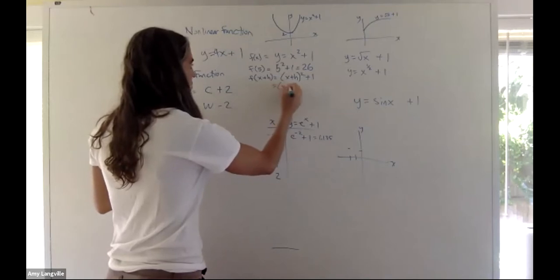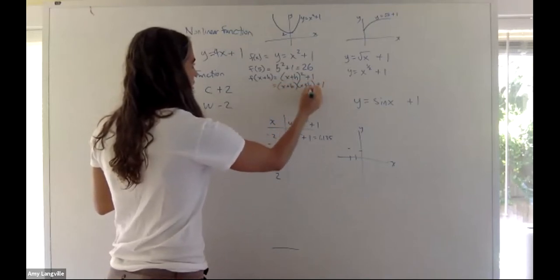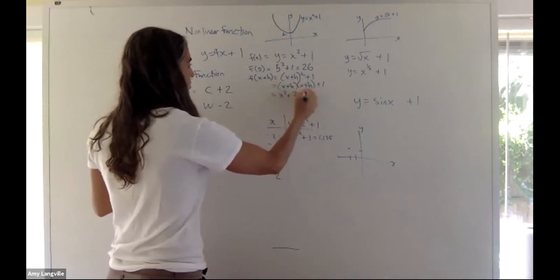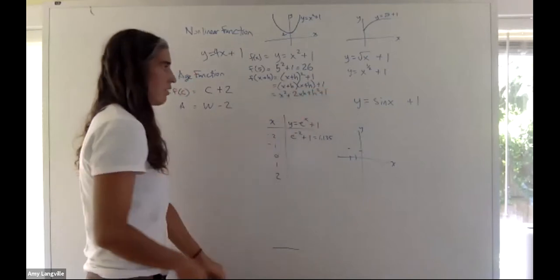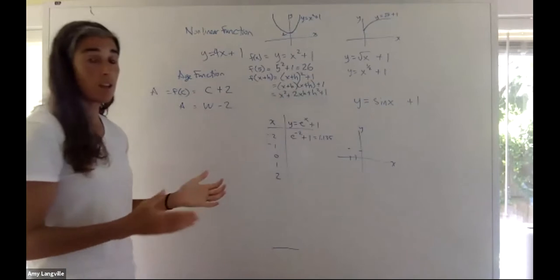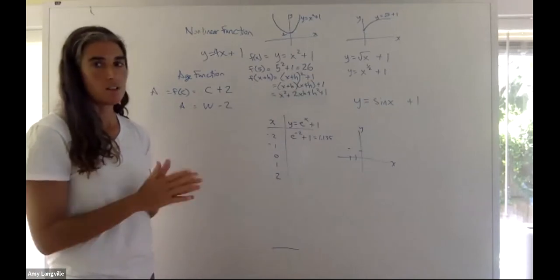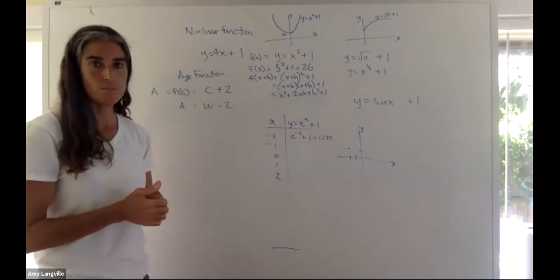And that would be (x plus h) times (x plus h) plus 1, x squared plus xh plus xh, 2 of them, plus h squared plus 1. So function evaluation is something, again, that often trips students up, but it's really not that bad. It's just following the rule that the function gives. All right, thank you.